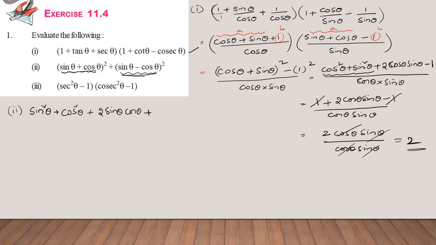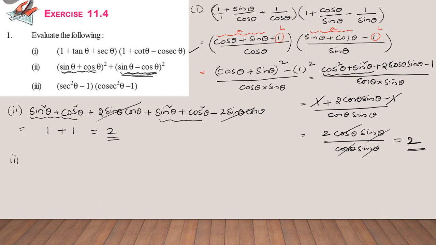Next, this is a minus b whole square, so a square plus b square minus 2ab, which means minus 2 sin theta into cos theta. So plus 2 sin theta cos theta and minus 2 sin theta cos theta get cancelled. Here if you observe, sin square theta plus cos square theta is 1, plus here also sin square theta plus cos square theta is equal to 1. So 1 plus 1 is nothing but 2. So for this also the answer is 2, right?